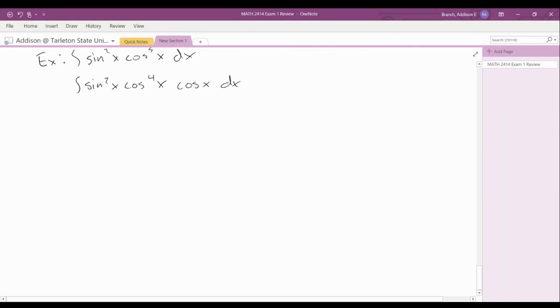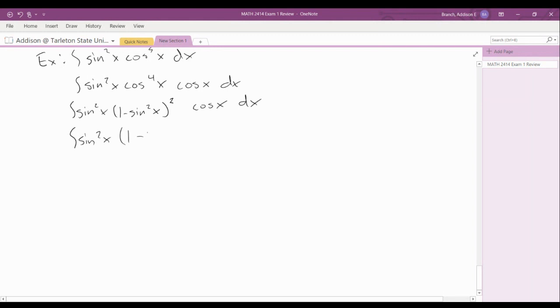We're then going to convert that cosine to the fourth in terms of sine. I'm going to skip this step and say that, since we know that cosine squared is equal to 1 minus sine squared of x, and that's squared since you're going to the fourth, cosine of x dx, expand out that 1 minus sine squared.